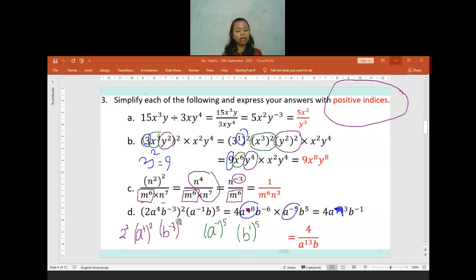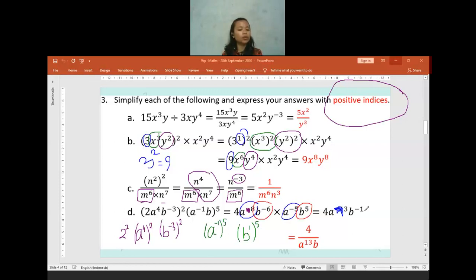The number 4 will stay still, because the only number in question D is 4. That's why the 4 stays as 4. For the b, there are 2 b's here. As you can see, there is b to the power of negative 6 and also b to the power of 5. When we multiply, we add the power.